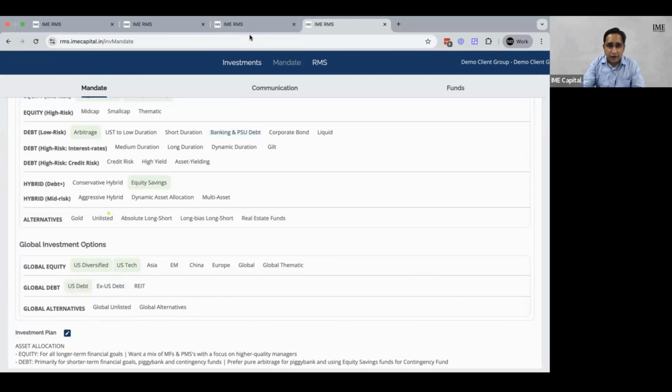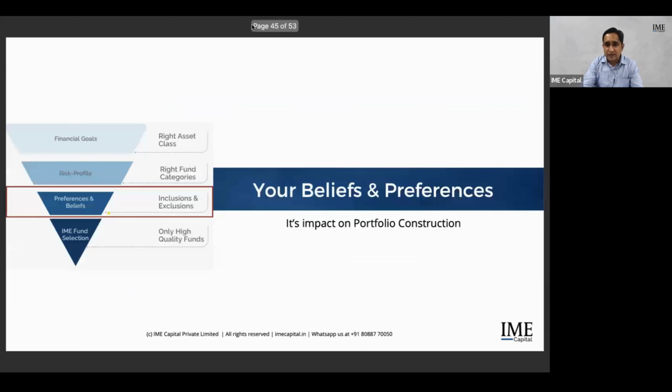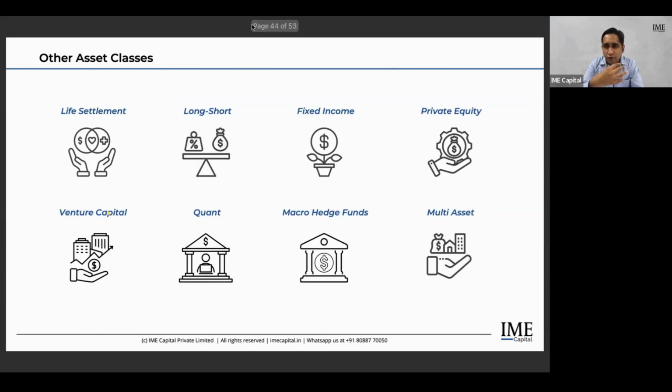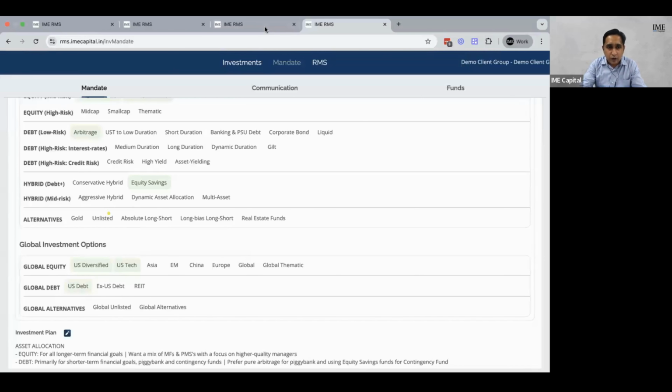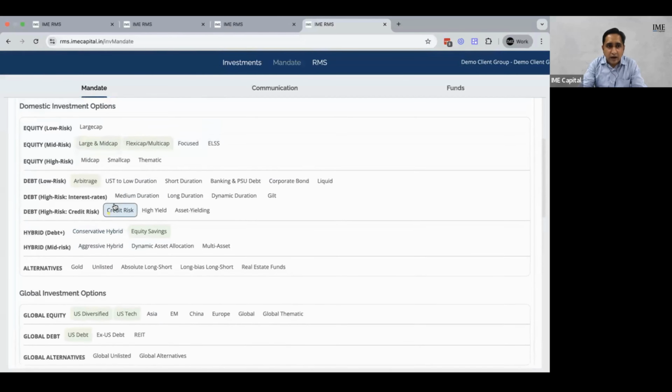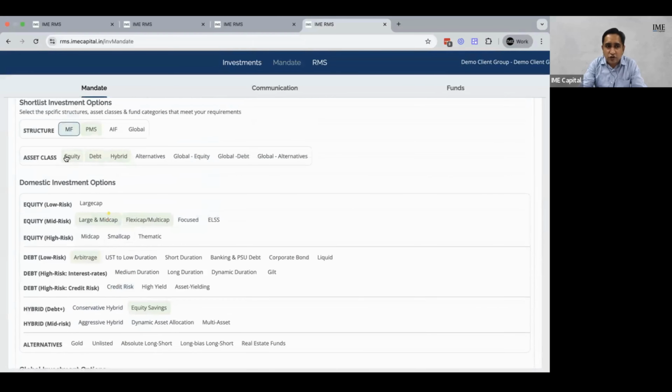So, this effectively is the process of how you use the plan, you use your risk profile, to shortlist from this entire range of categories towards the specific structures, asset classes, and categories that are the most relevant for a particular investor.